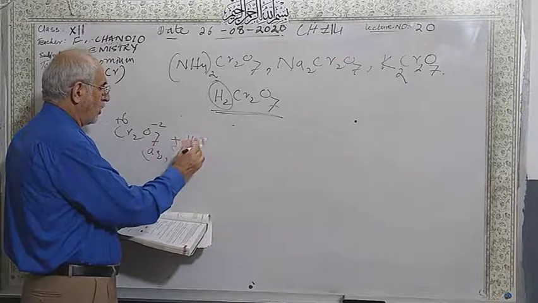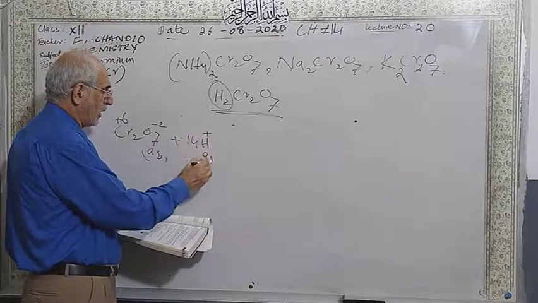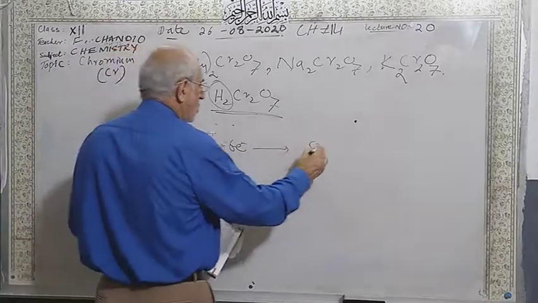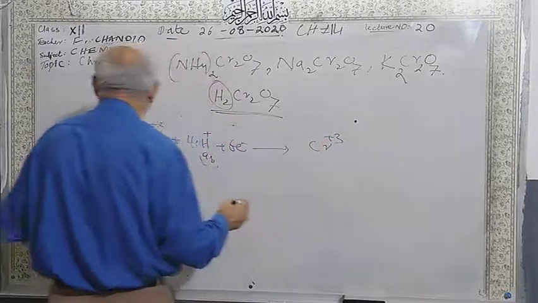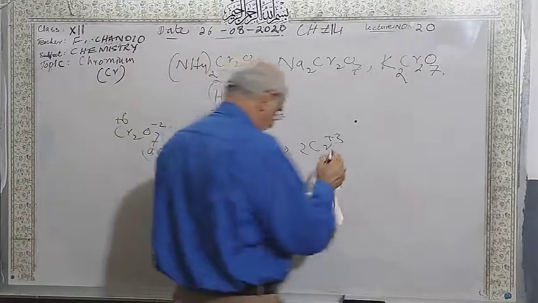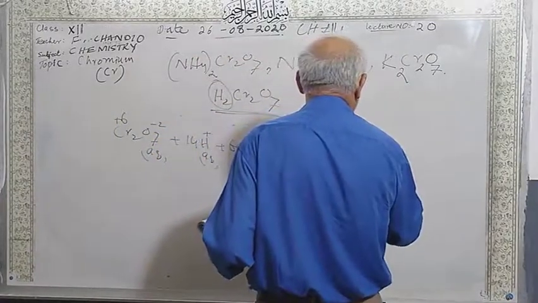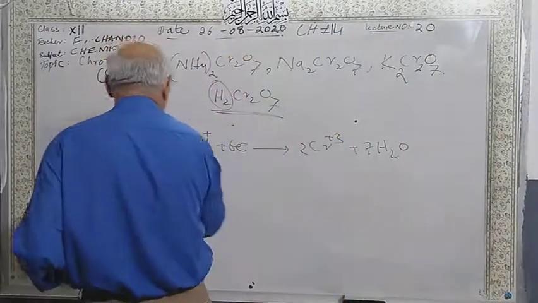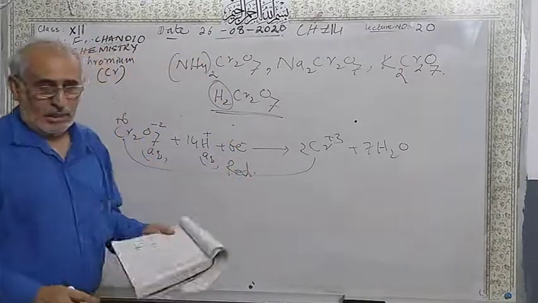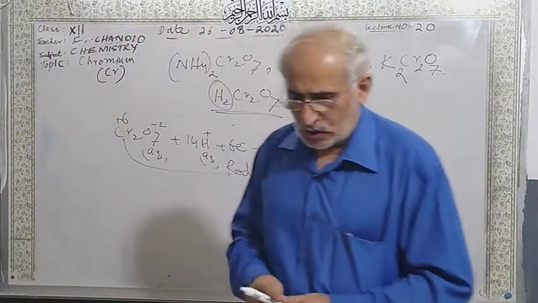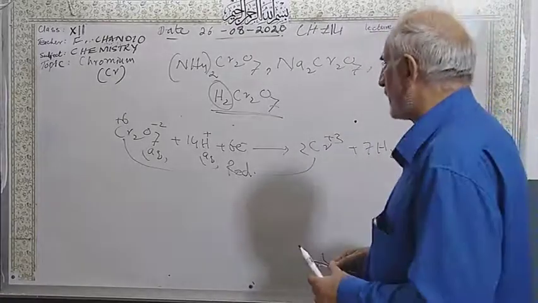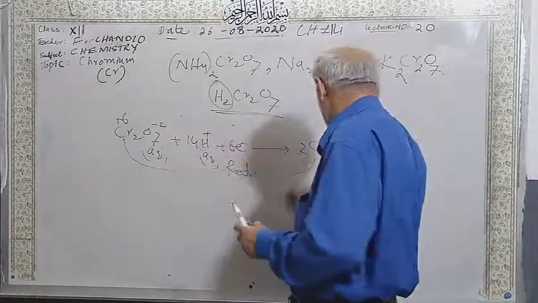If you balance this, 14 hydrogen ions and the gain of 6 electrons, chromium positive 3 is formed: 2 chromium 3 ions plus 7 water molecules. This is the reduction. The substance which is reduced is called the oxidizing agent. So potassium dichromate is a powerful oxidizing agent and it reduces positive 6 to positive 3.